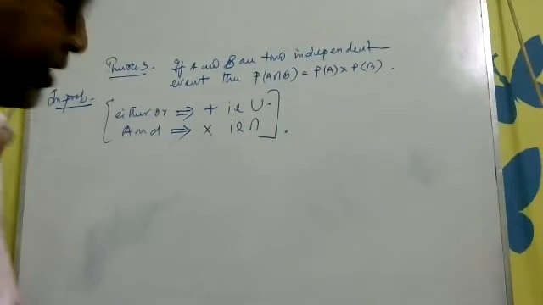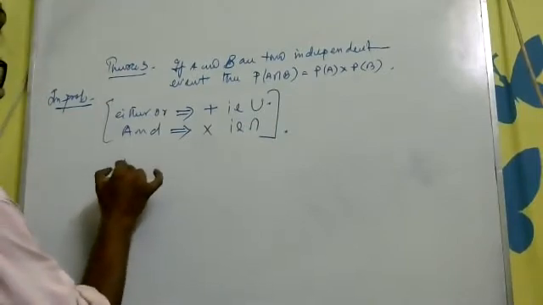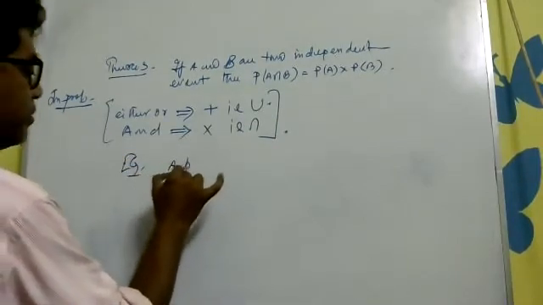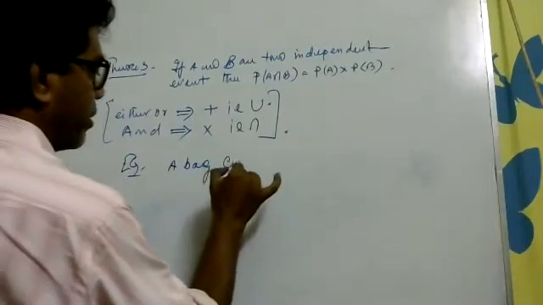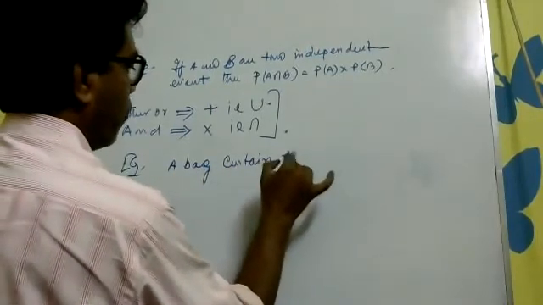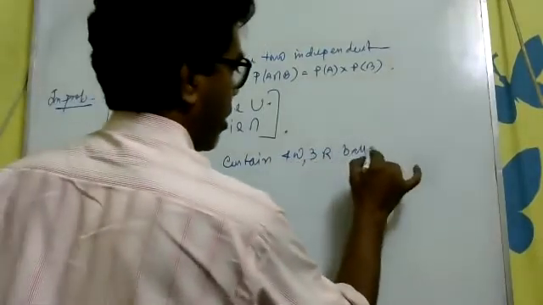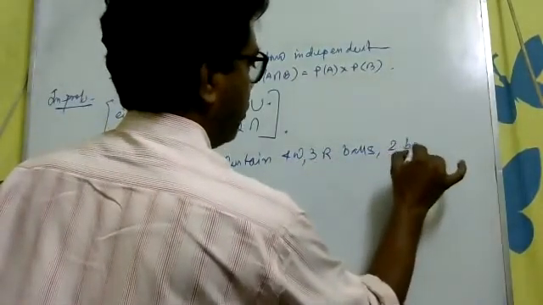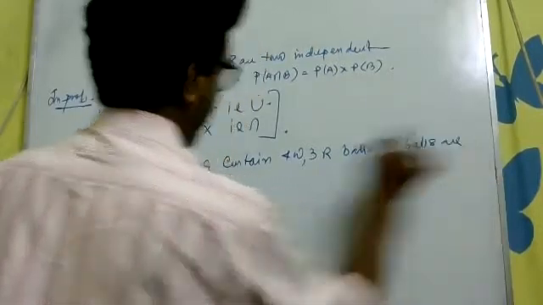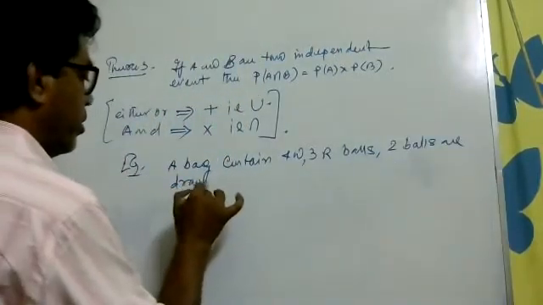So if I give you an example: a bag contains 4 white and 3 red balls. 2 balls are drawn from the bag.